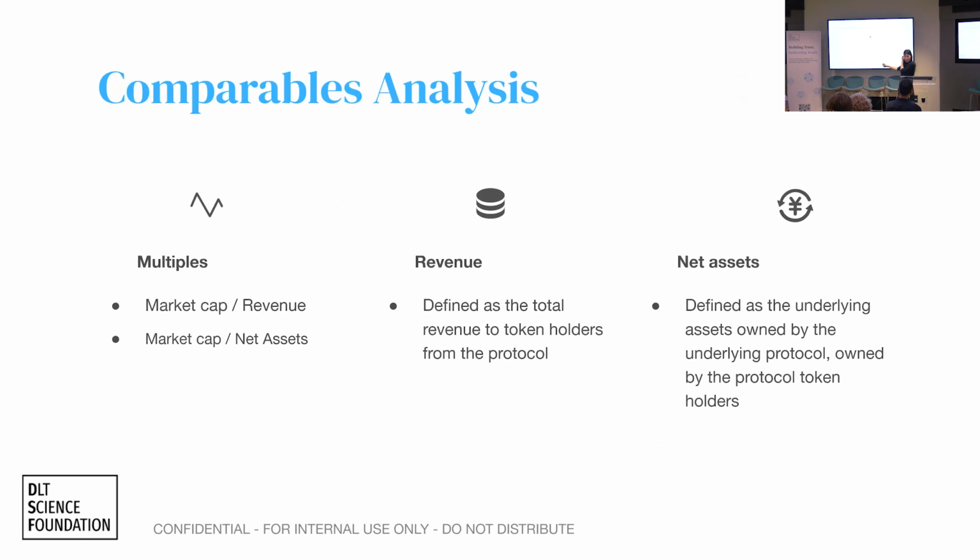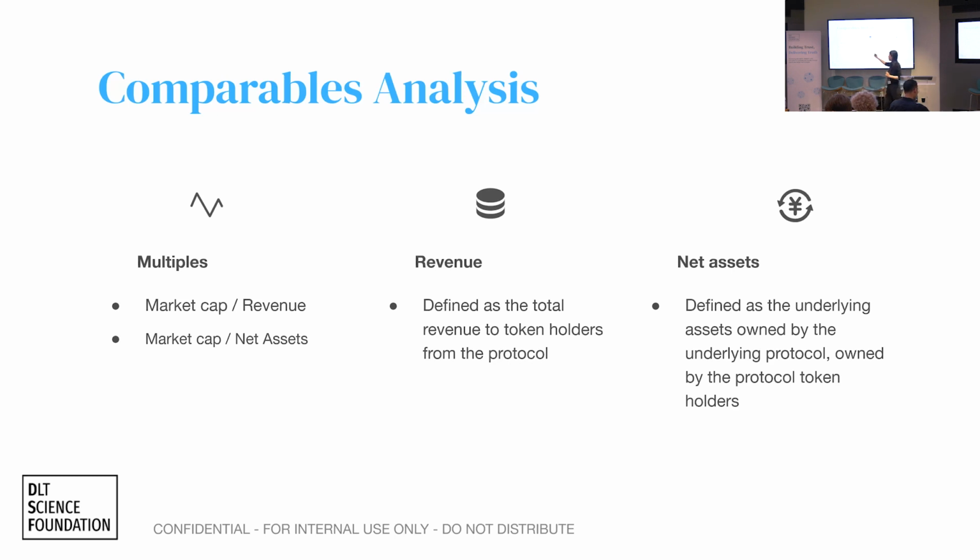Comparable analysis: with all the data at hand, we'll be able to do comparable analysis very easily as well. So we use two multiples to do the analysis. The first one is the total market cap divided by revenue. We already collected the revenue data. And the second method is the market cap divided by net assets.